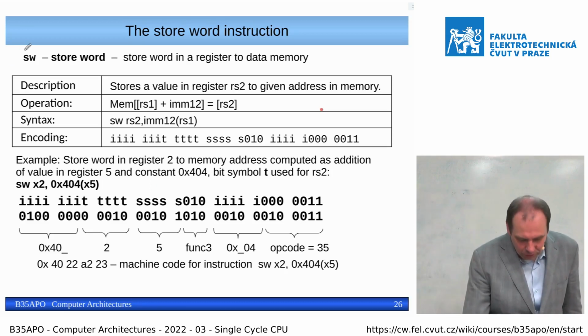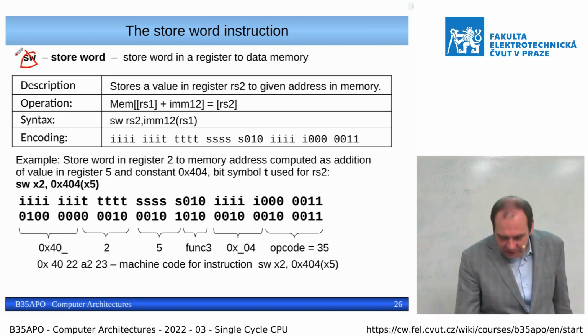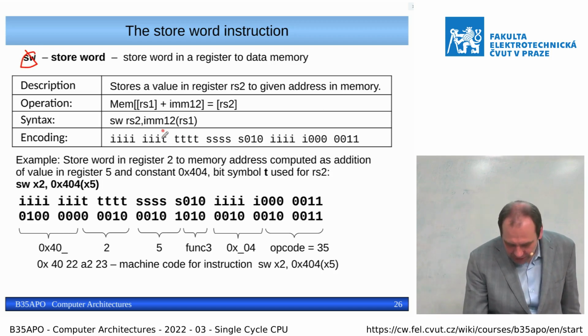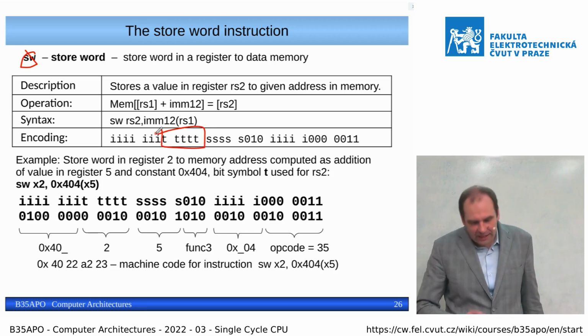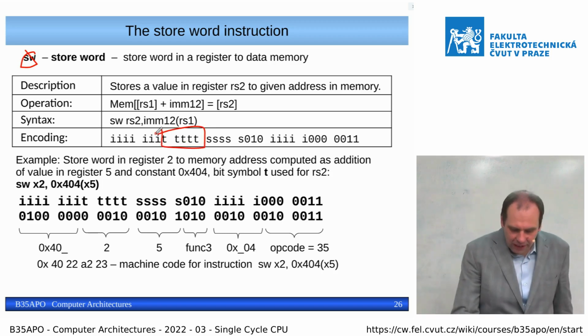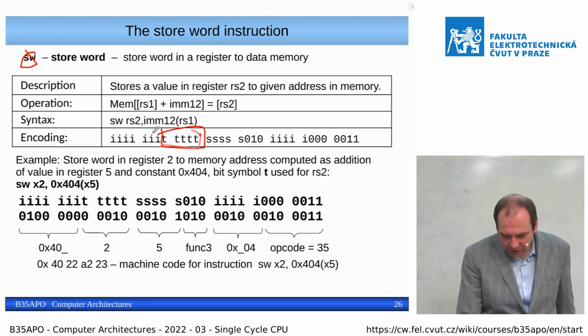Now we want to implement store word. We see that there is a problem, because there is a second source register, which I write as T, because I want a single character for this representation of the bits. Then there is a first source register.